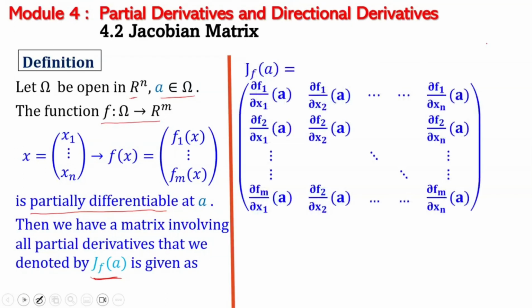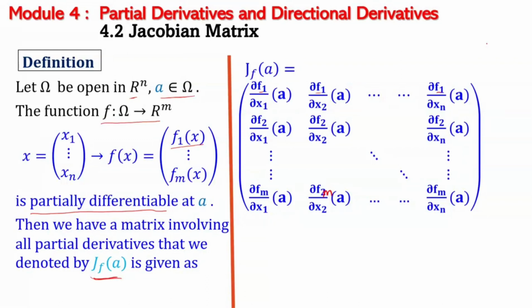And this matrix will be given like this. Just observe that in the first row we have the function component f1, with its derivatives with respect to all the variables. The second row is for f2, and the last one is fm, with partial derivatives with respect to all the variables.